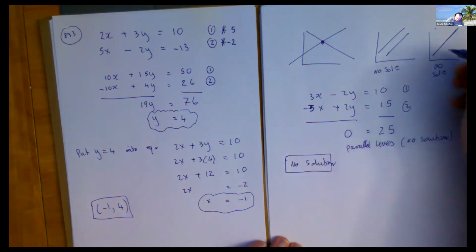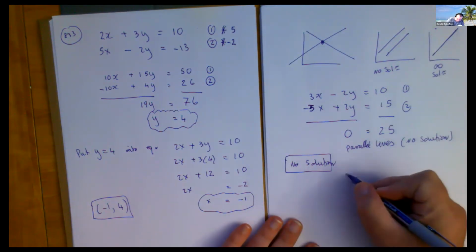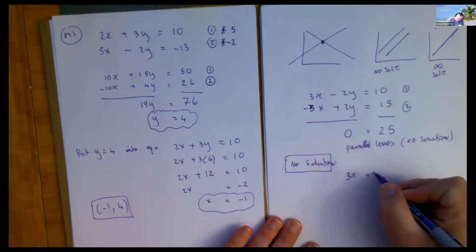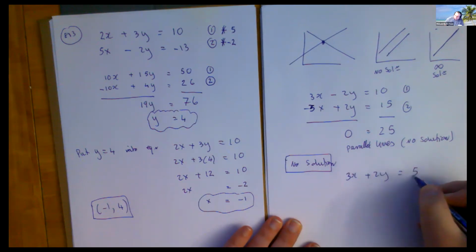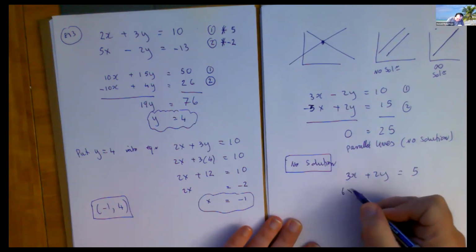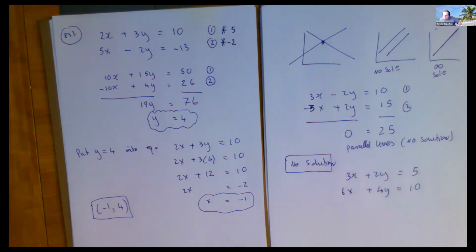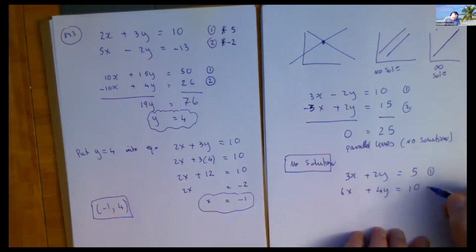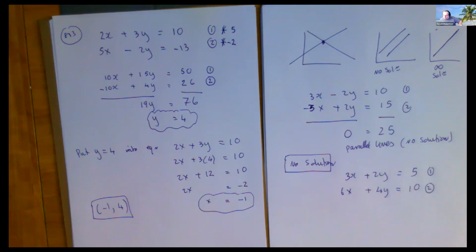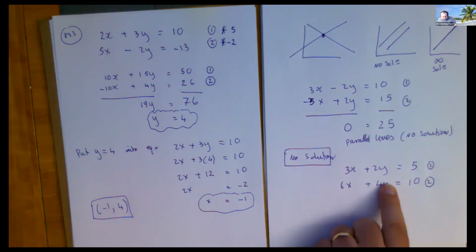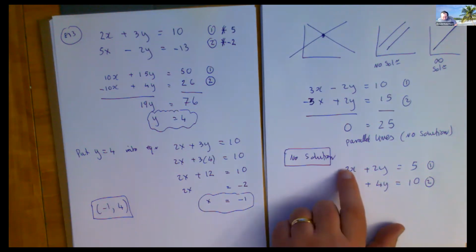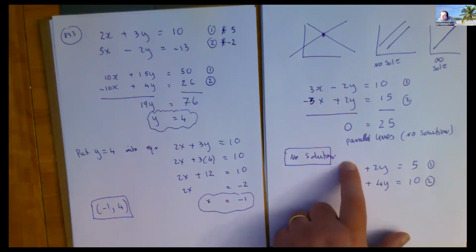Right. Let's look at identical. Well, suppose you had 3x plus 2y equals 5, and you had 6x plus 4y equals 10. Now I'm going to call this equation 1, I'm going to call this equation 2, and I'm going to solve it in the usual way. Now when you look at this system of equations, wouldn't it be reasonably easy, say, to get rid of the x's, just for argument's sake?